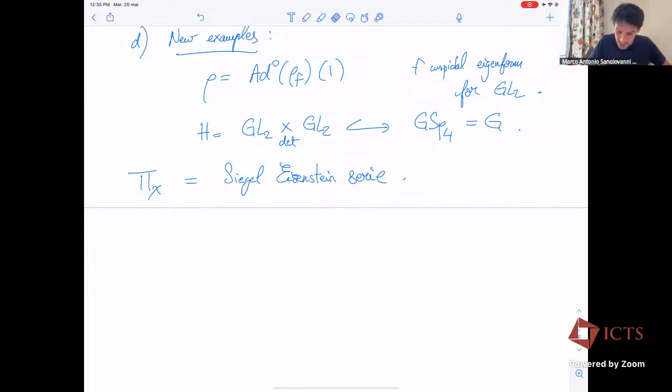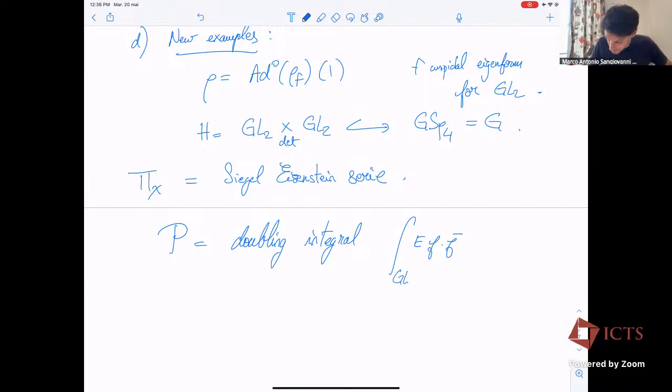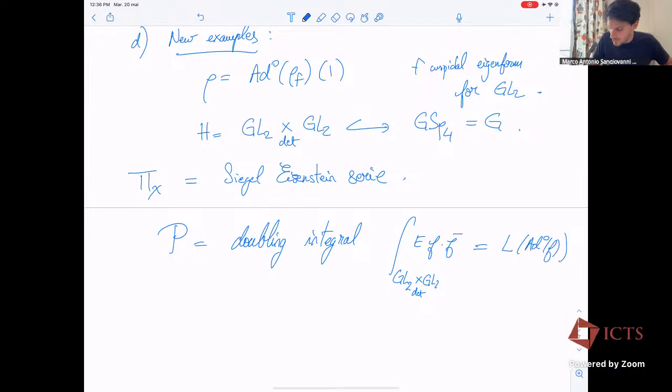P is the doubling integral. It's just a doubling integral, where you integrate a Siegel-Eisenstein series against f times f bar over GL2 times GL2, and then you get the L-function at 0 of f.